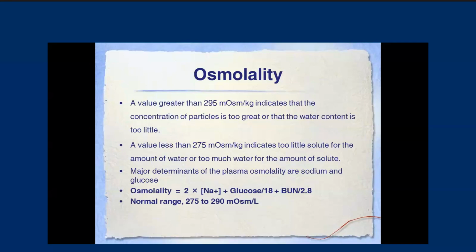So we divide the glucose by 18, as well as the BUN by 2.8, to change it to millimole, because most of the time the glucose and the BUN are expressed in milligram per dL. But if they are expressed in millimole per liter, then there will not be a need to divide by 18 as well as 2.8.